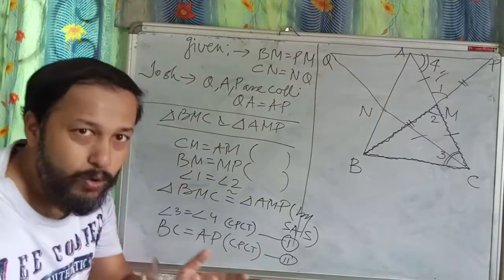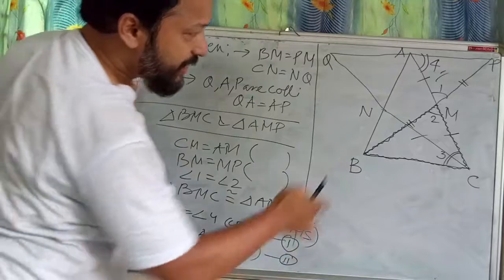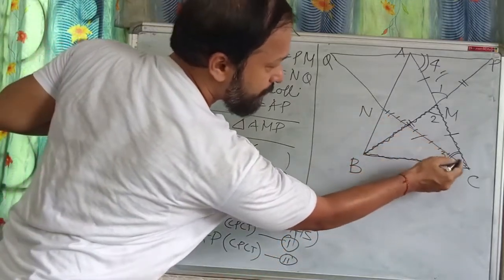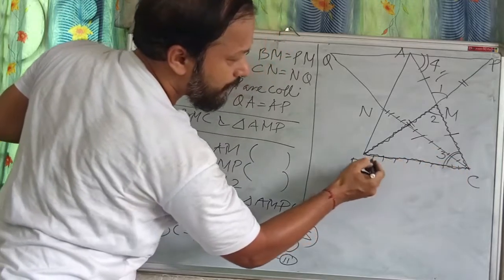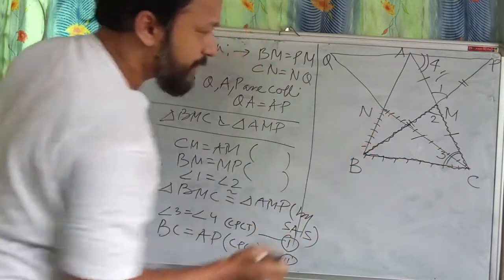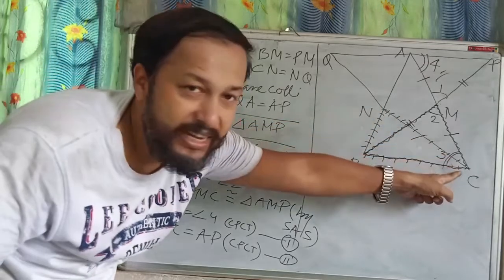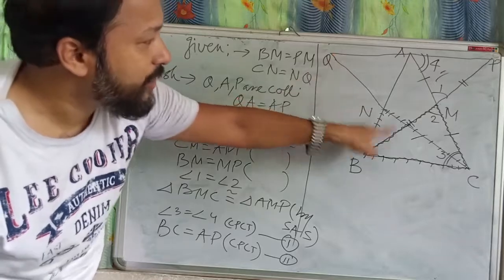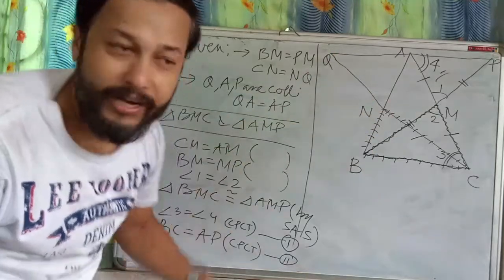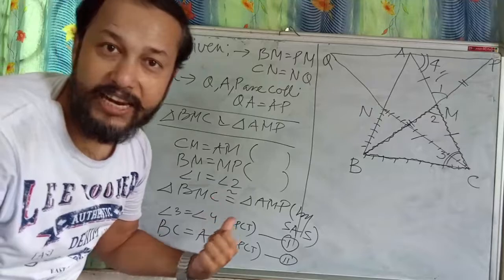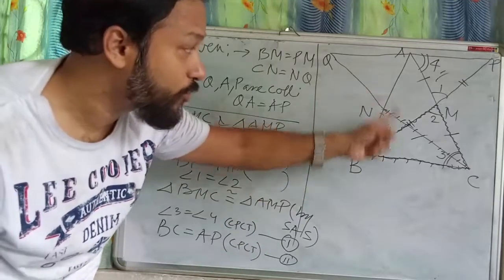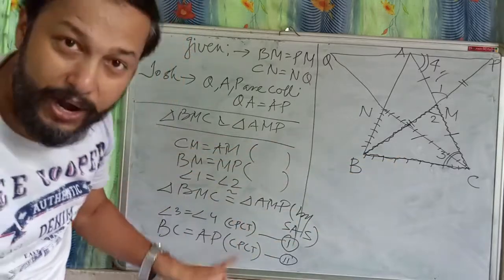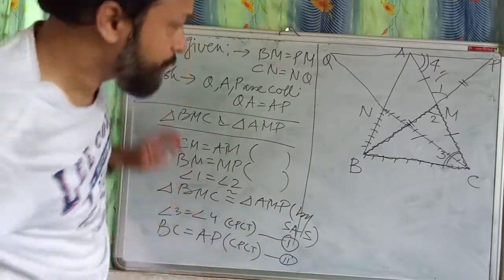Now, if I consider this triangle, triangle BMC and triangle AQN, these two triangles are also congruent. I can show that. Now if these two triangles are congruent, then CPCT we can also write.